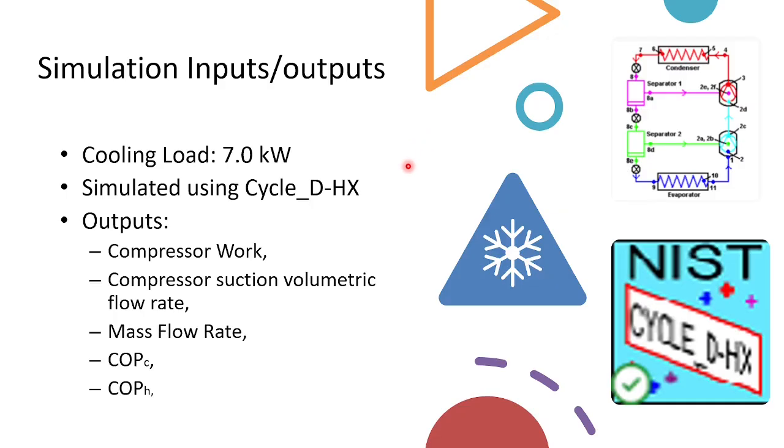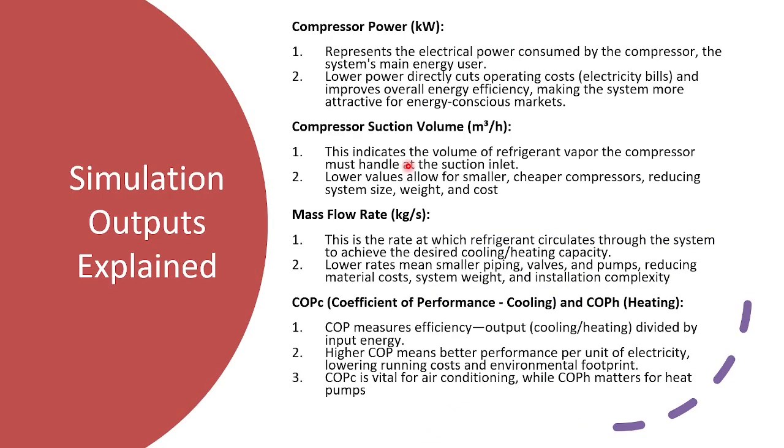So now coming back to our presentation, after the simulation run, now we will see what these parameters actually represent. Let's break down these simulation outputs one by one, and they are crucial for understanding why some of these refrigerants outperform others.